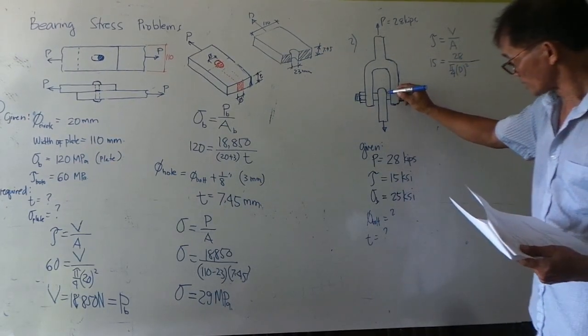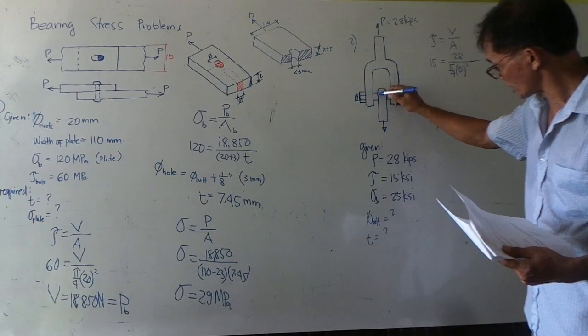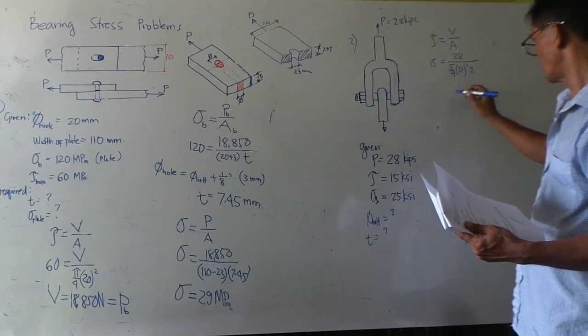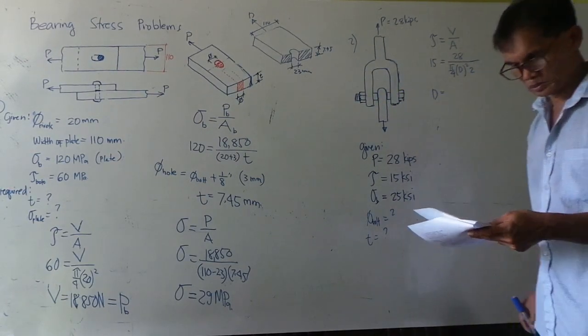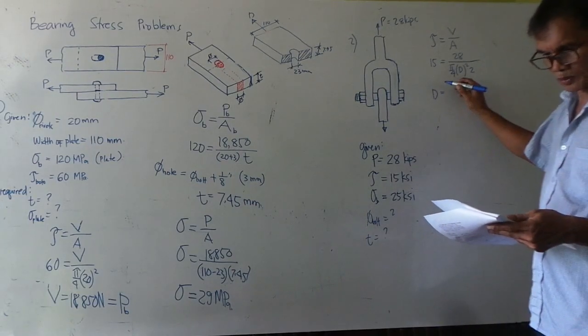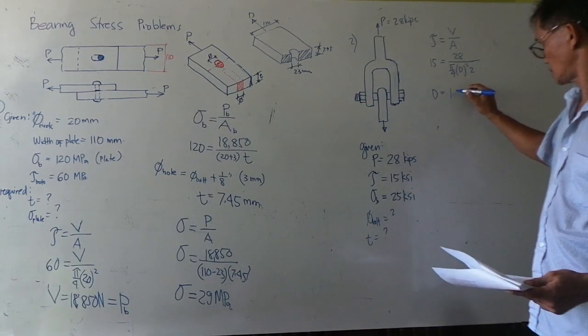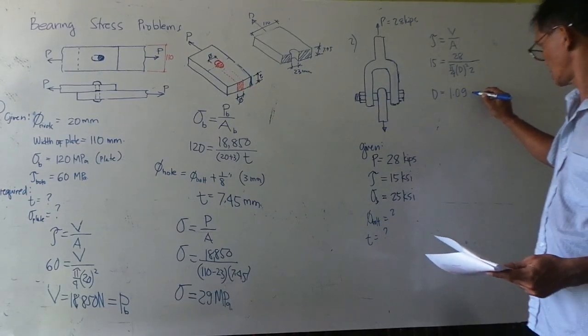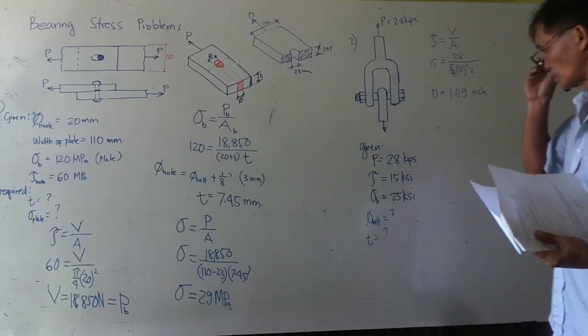But it is double shear, so times 2. So you have the diameter equal to 1.09 inch.